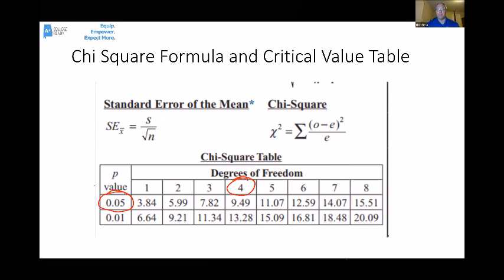It happens. But 5% is sort of the standard that scientists are willing to use. They're willing to take a 5% chance that they're going to make the wrong conclusion. Anyway, using this column and this row, we come over here and we get a critical value of 9.49. That's the important cell for us to think about.